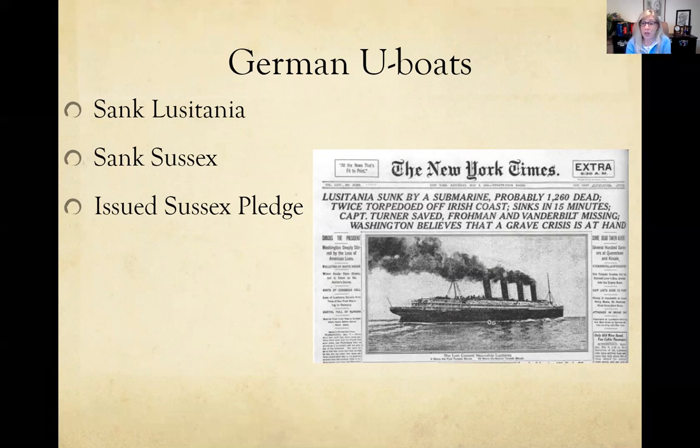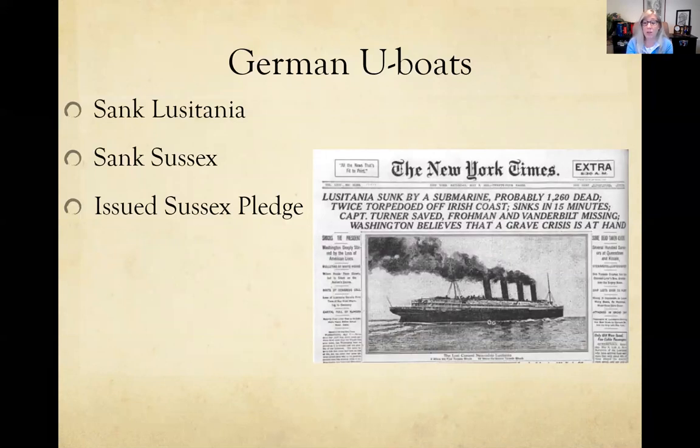And a passenger ship gets caught up in the middle of this, the Lusitania, which is this big, beautiful passenger liner that is like a big cruise ship. And the German U-boats, which is, again, a new technology, brand new in World War I, they're submarines, underwater boats or undersea boats, are going to torpedo and sink the Lusitania. And they also have sunk the Sussex.